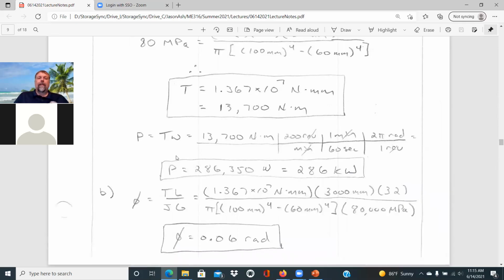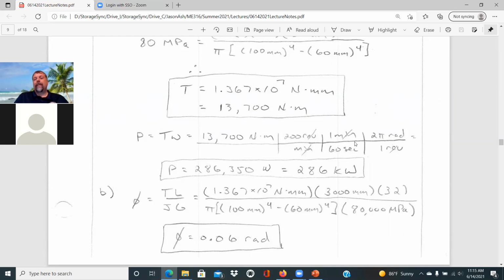First one, we want to know the power, and so I use the 13,700 Newton meters, times 2 pi times 200 revolutions per minute for the rotational speed. And remember again, in 1 minute there's 60 seconds, and in 2 pi radians there's 1 revolution. And so that'll give us our power output in watts. It would be a Newton meter per second.